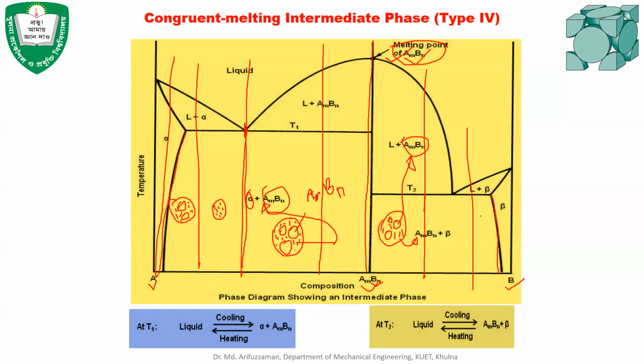And if you consider here, then it will be crystals of beta with the mixture of AMBN and beta. And if you consider a crystal here, then it will be 100% beta. So two different type 3 diagrams will be produced in the case of congruent melting intermediate phase, or type 4 diagram. Okay, any question?